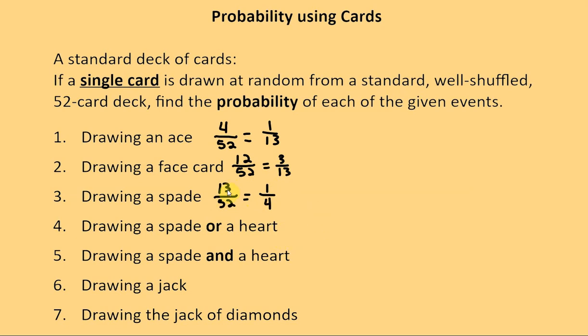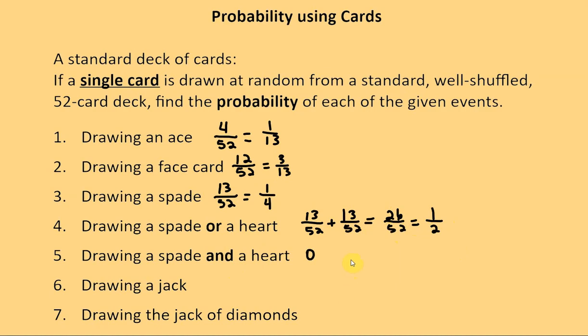Okay, so if there's 13 spades and 13 hearts, then we could draw 13 spades or 13 hearts. So that's 26 out of 52, which reduces to 1/2. Drawing a spade and a heart. That means they're both on the same card, and there are no cards that have both spades and hearts. So that would be 0 out of 52, which is 0.